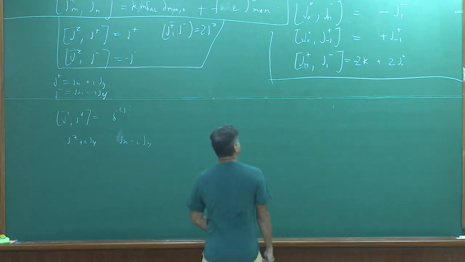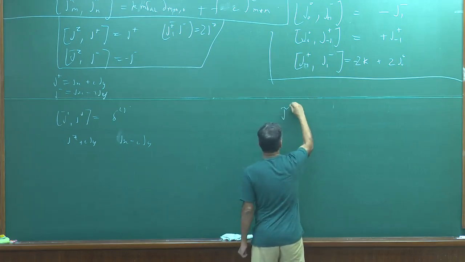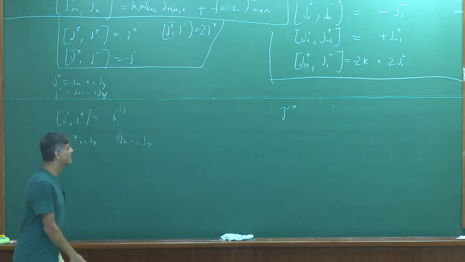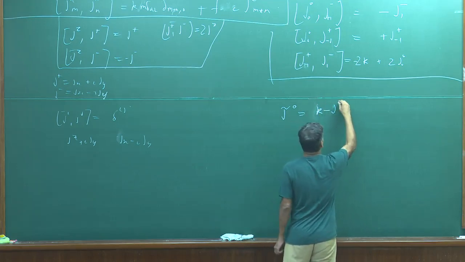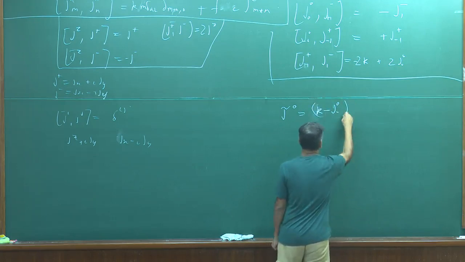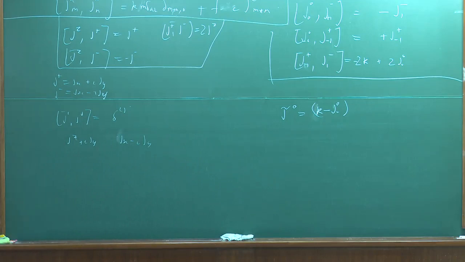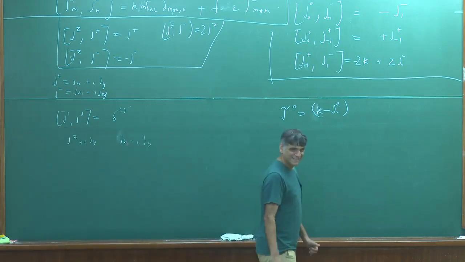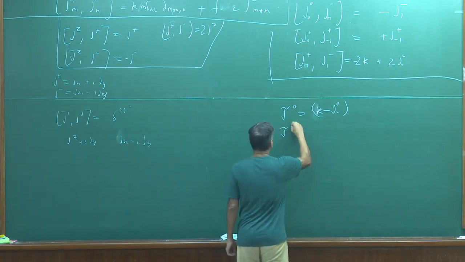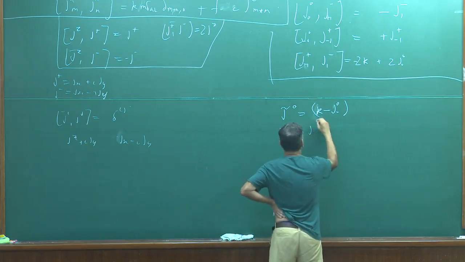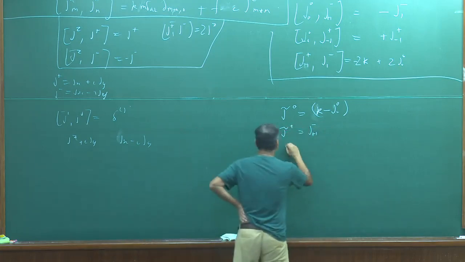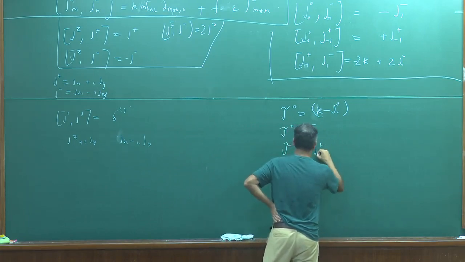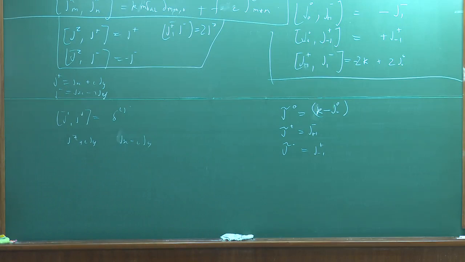So what I'm going to do is define J tilde 0 equals K minus J 0, then J tilde plus will be equal to J minus plus 1, and J tilde minus will be equal to J plus minus 1.